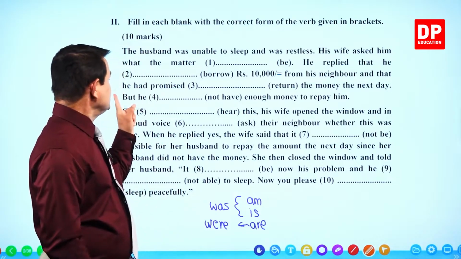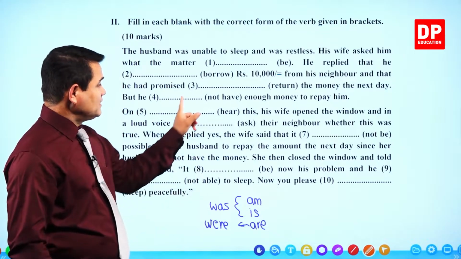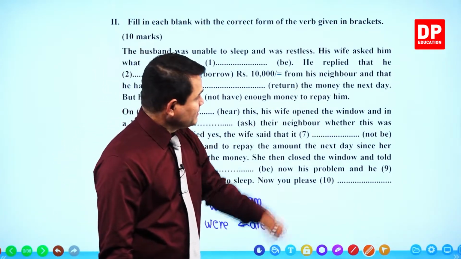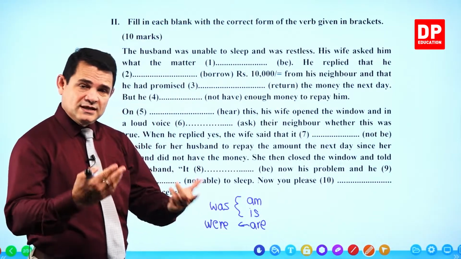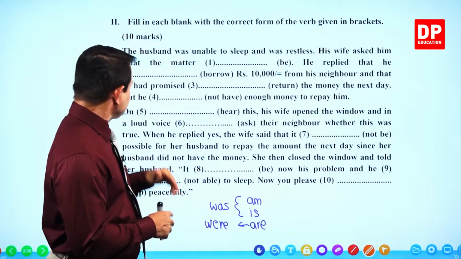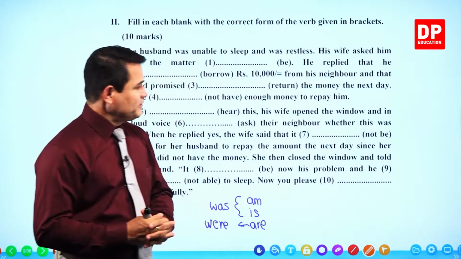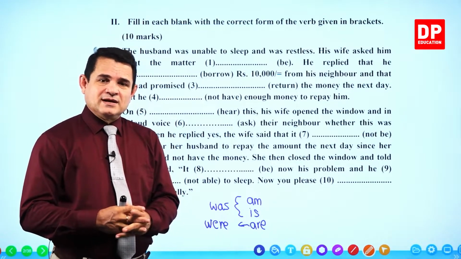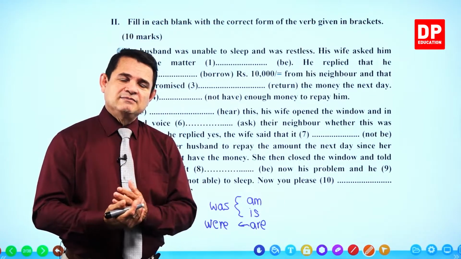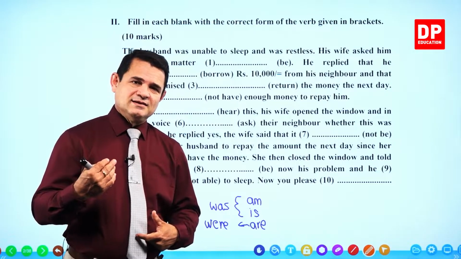And that he had promised to return the money the next day. The next day. But he blank not have enough money to repay him. He doesn't have the money to repay. That is why he cannot sleep at night.